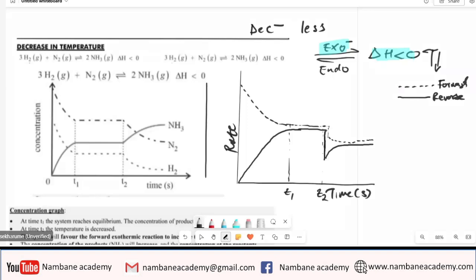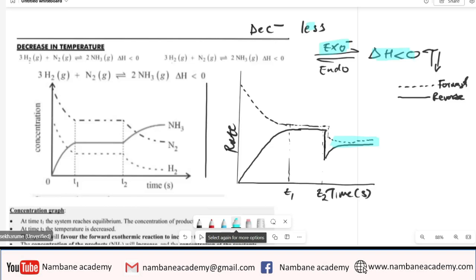So this is the graph of the temperature there. The one which is favored will be on top of the one which is not favored, which is the reverse. The reverse reaction is not favored. So to get the broken line to be on top of the solid line, it must decrease less.